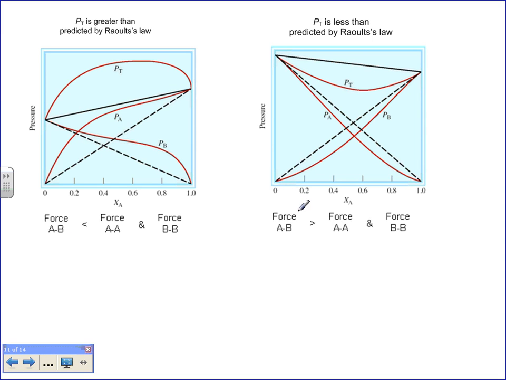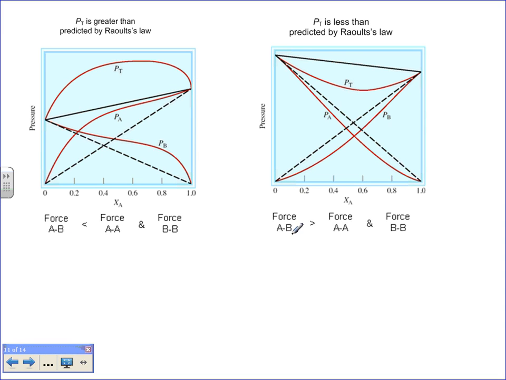In a scenario where the force of attraction between A and B molecules is actually larger, what that's going to do is actually enhance the attraction in the liquid when we combine the two substances. And what's going to happen is there's going to be less tendency for molecules to escape the surface of the liquid.